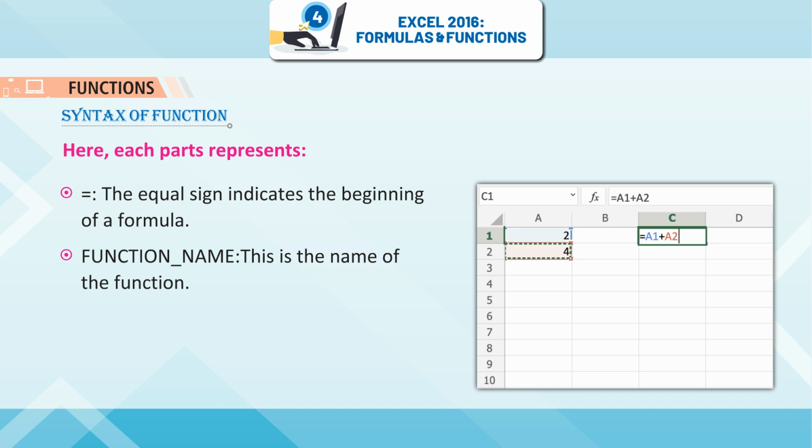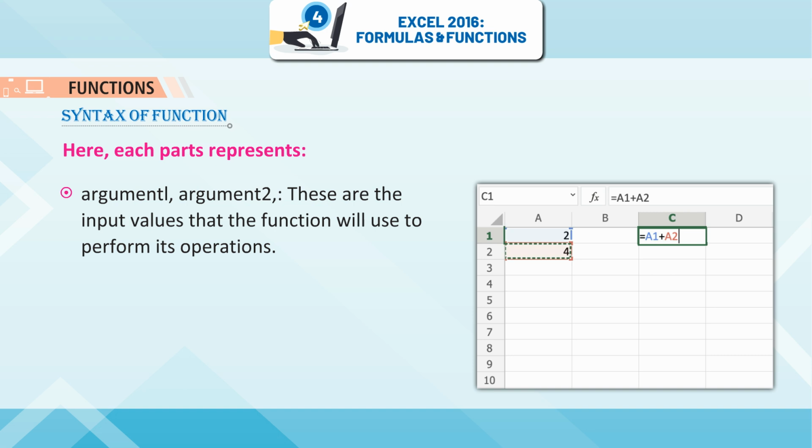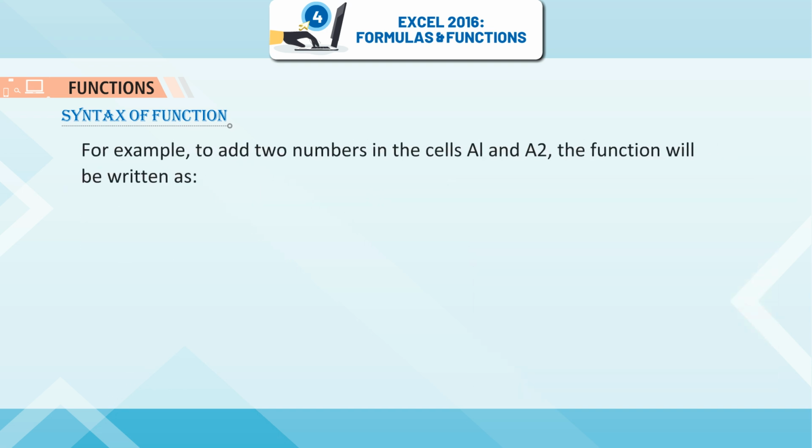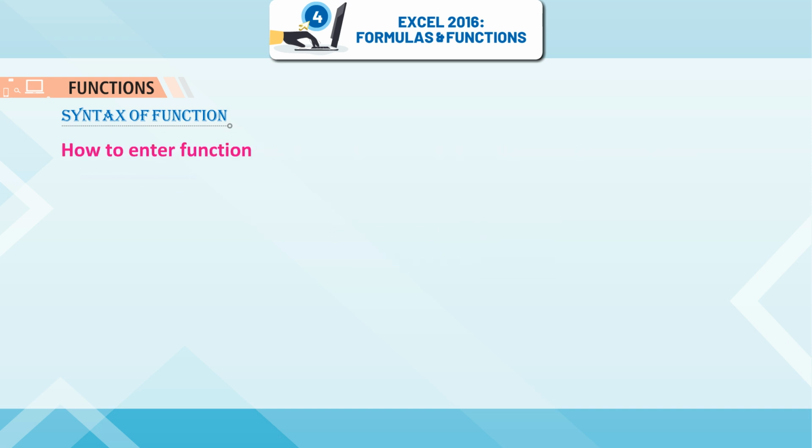Function_name is the name of the function. Argument 1, argument 2 are the input values that the function will use to perform its operations. For example, to add two numbers in the cells A1 and A2, the function will be written as equals SUM(A1, A2).